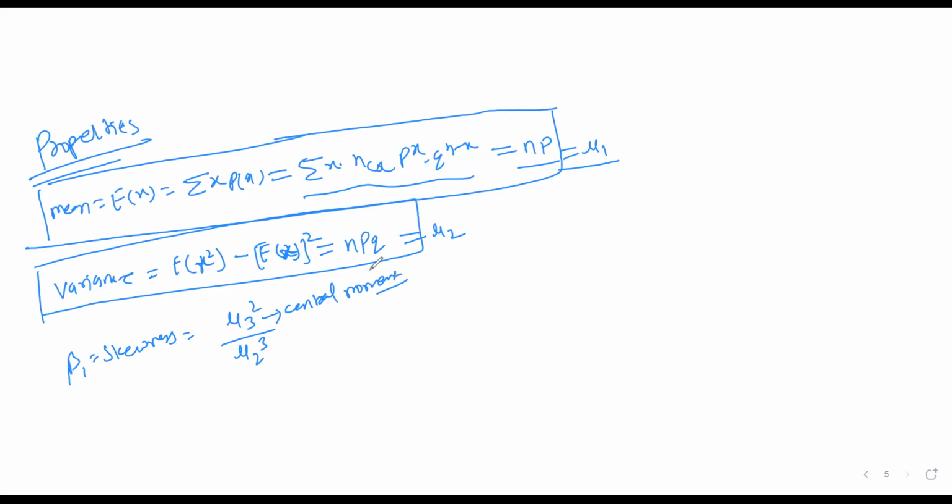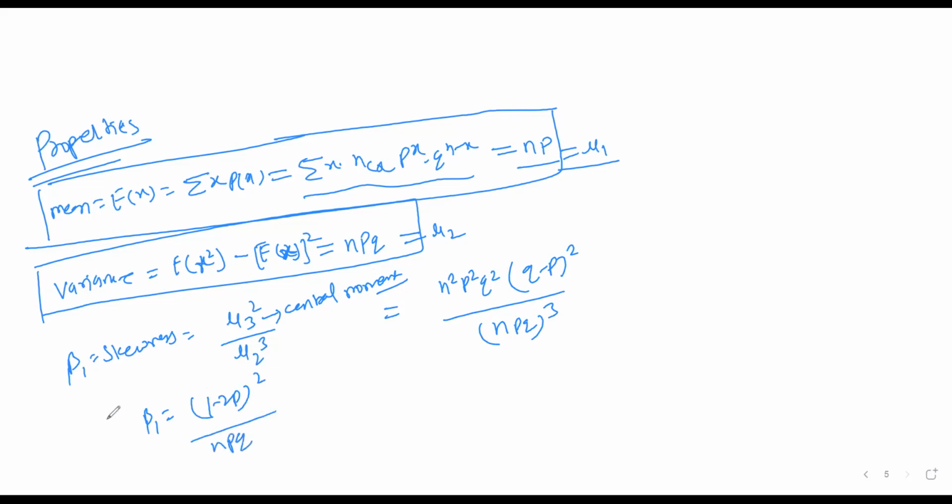If you write the formula for the central moment and the mu2 value, this is given as n square p square q square times q minus p whole square, divided by npq whole cube. If you simplify them, you will get skewness as 1 minus 2p whole square divided by npq.